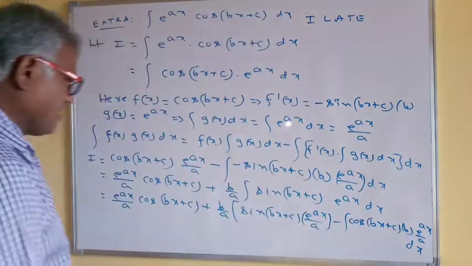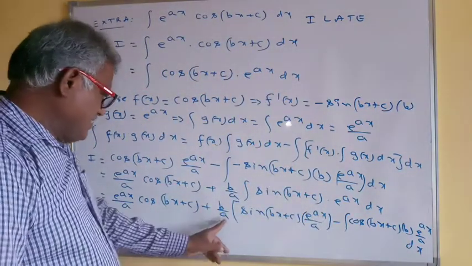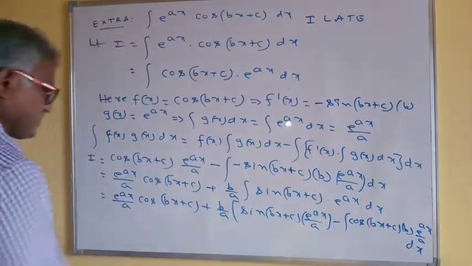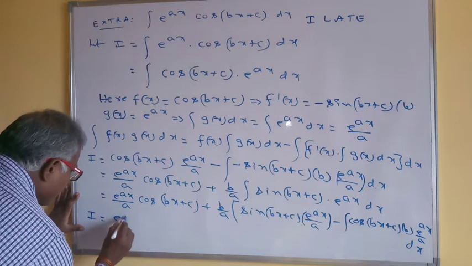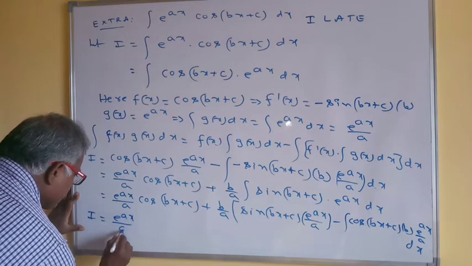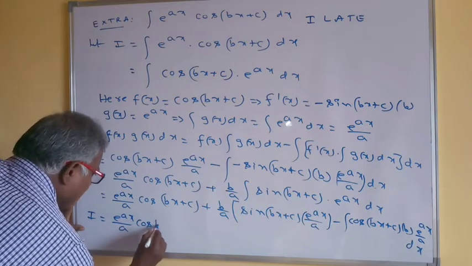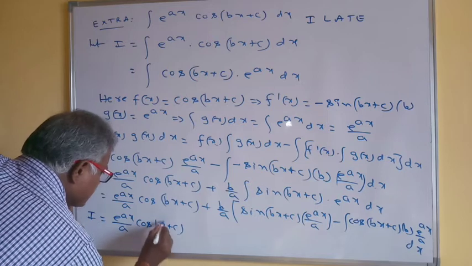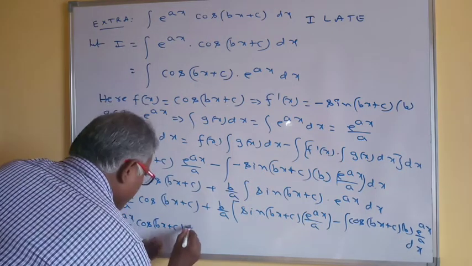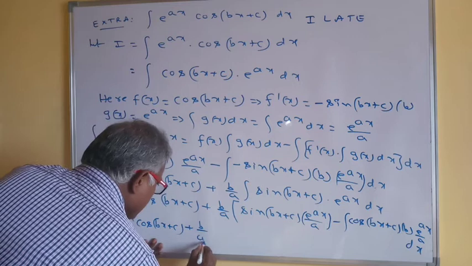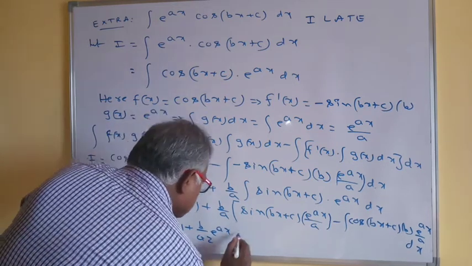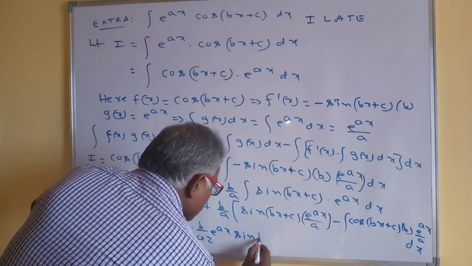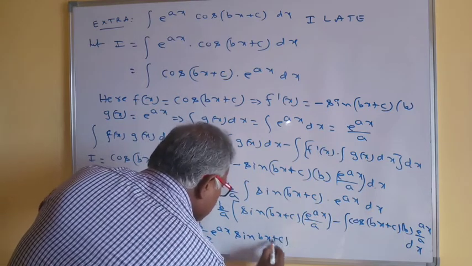Now if you observe here, a into a is a square. So I is equal to e power ax by a into cos(bx plus c), plus b by a square into e power ax sin(bx plus c).